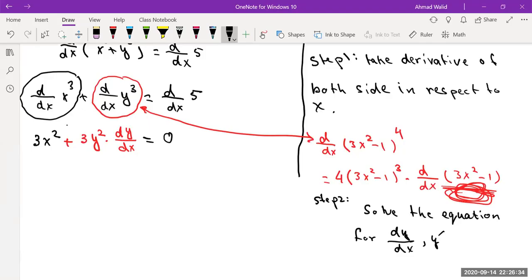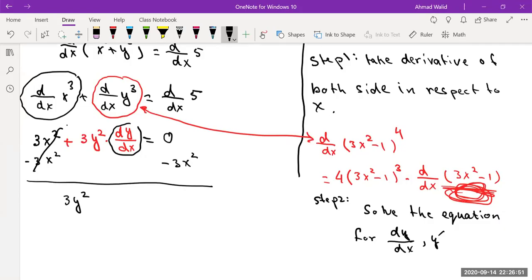Let's solve it. If I solve for dy dx, first I have to move 3x squared from the left side to the right side. Here you go. Then I'll end up with, this is algebra, right? 3y squared dy dx equals negative 3x squared. Solving for dy dx, I have to get rid of 3y squared.